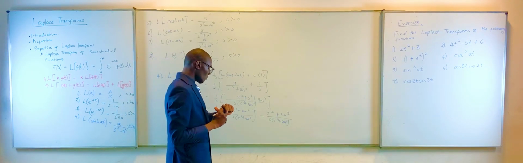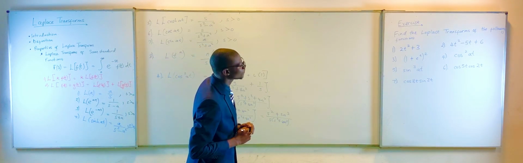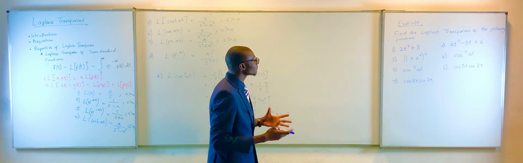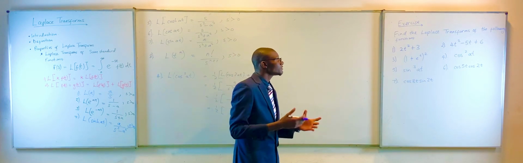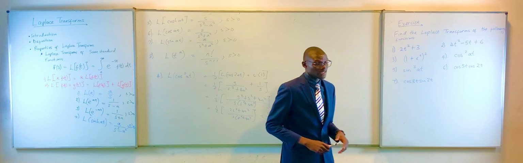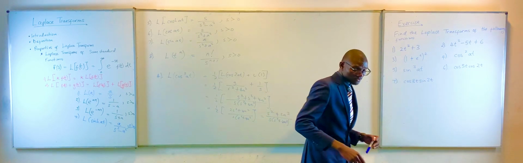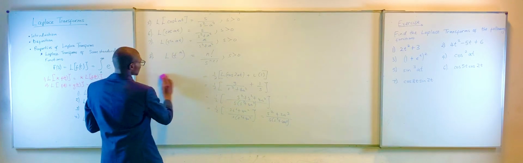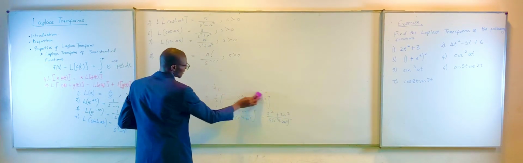And now we shall move on to look at number 5. But for number 5, we need to derive an identity for sine cubed at. So allow me to erase this so that I do the derivation here.